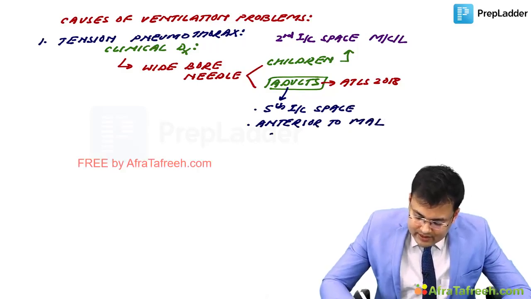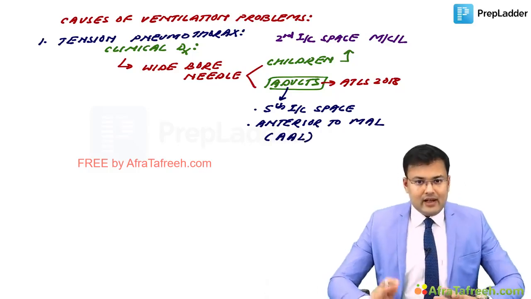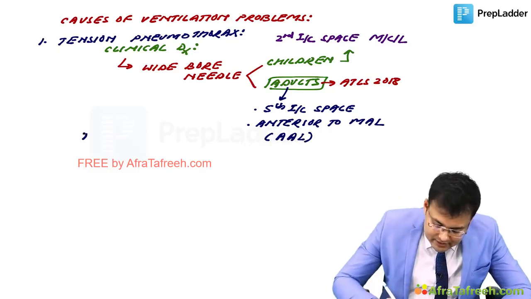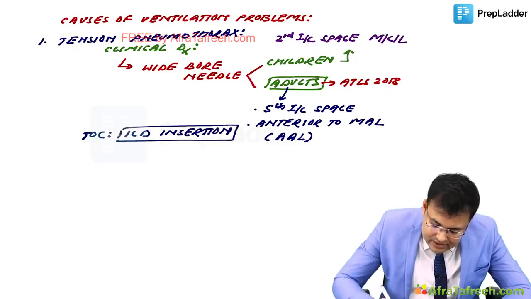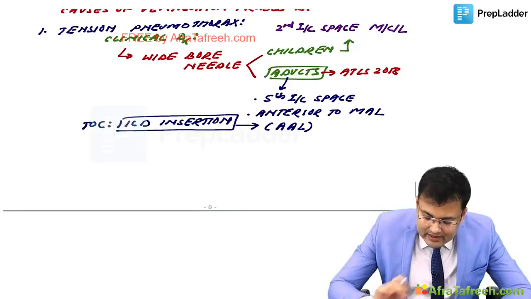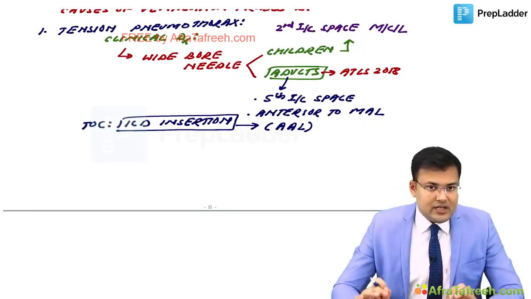So it's actually the anterior axillary line. Clear? And what is the treatment of choice? The treatment of choice is ICD insertion, and we are supposed to insert the ICD in fifth intercostal space in anterior axillary line. This is how we manage tension pneumothorax.